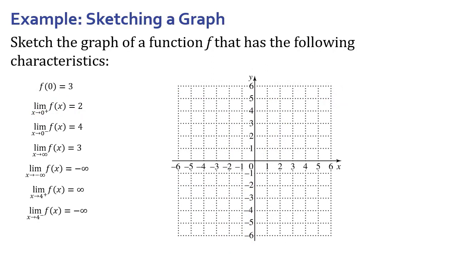Let's do another example. Sketch the graph of a function that has the following characteristics. f of 0 equals 3. So that means I have a point when x is 0, y is 3. As I'm approaching 0 from the right-hand side, your function is approaching 2.